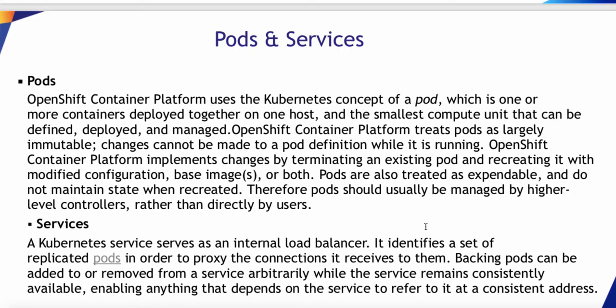Services: a Kubernetes service serves as an internal load balancer. It identifies a set of replica pods in order to proxy the connections it receives to them. Backing pods can be added to or removed from the service, so that the service remains consistently available, enabling everything that depends on the service to refer to it at consistent addresses.